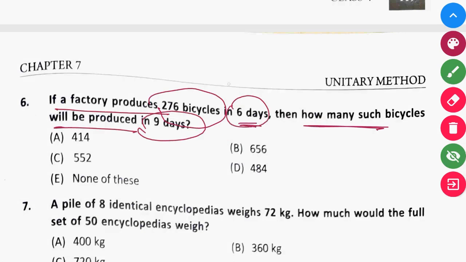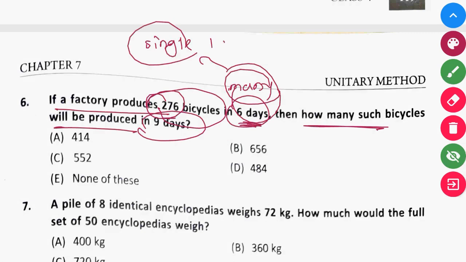See, here something which is many is given, that is in 6 days the factory is producing 276 bicycles. So first step is, from this many we have to find the single thing, that is in a single day how many bicycles are produced by that factory, and from this we'll find in 9 days how many it will produce.